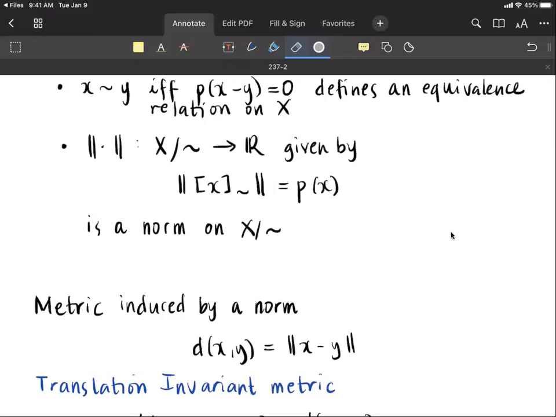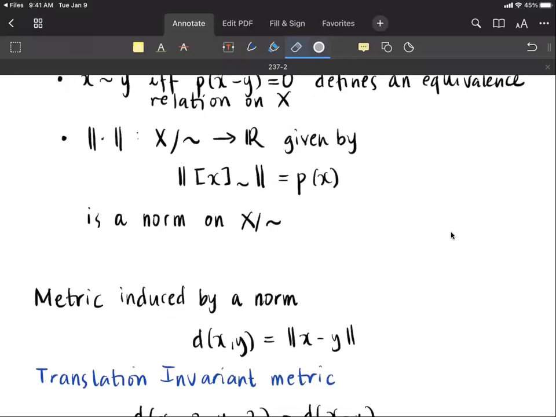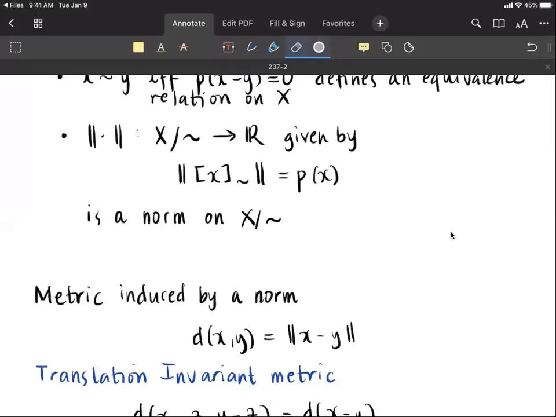Okay. The definiteness of d follows from that of the norm. The symmetry will follow from the homogeneity of the norm. And then finally, the triangle inequality is satisfied since the same property is satisfied by the norm. Okay, so you can immediately show that this is indeed a metric.